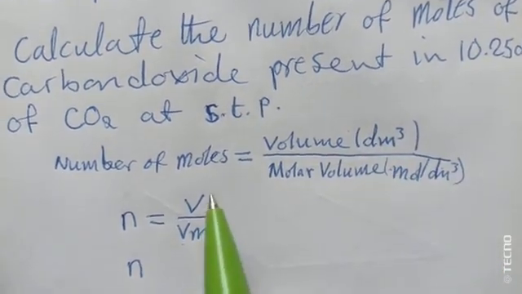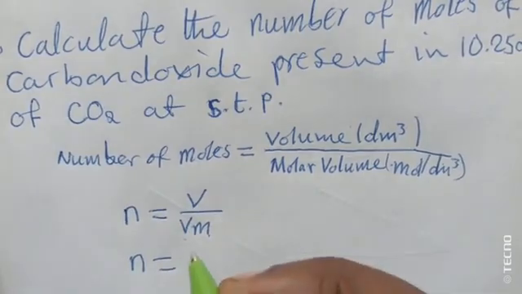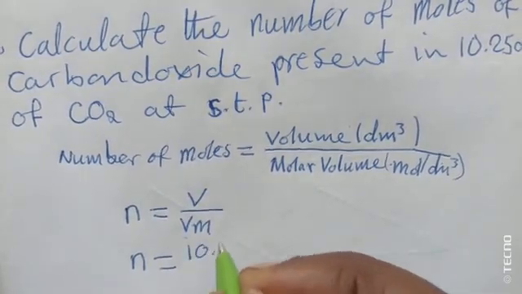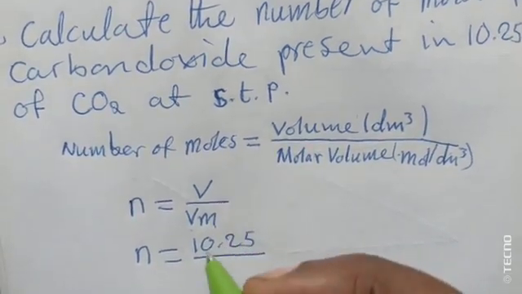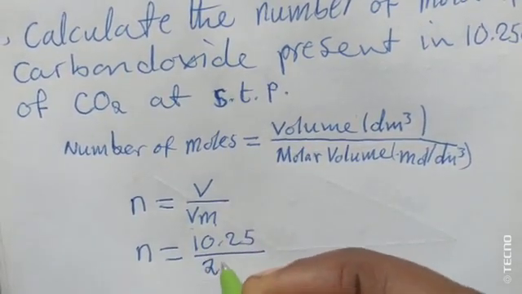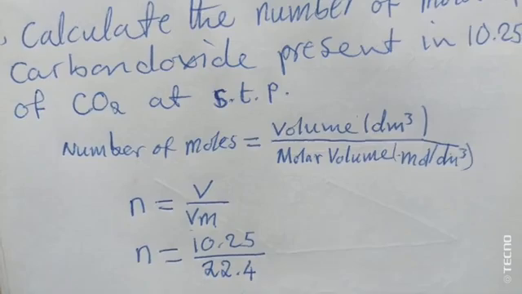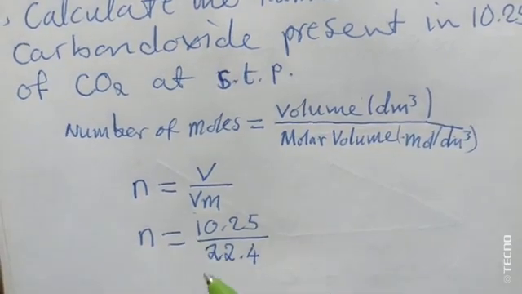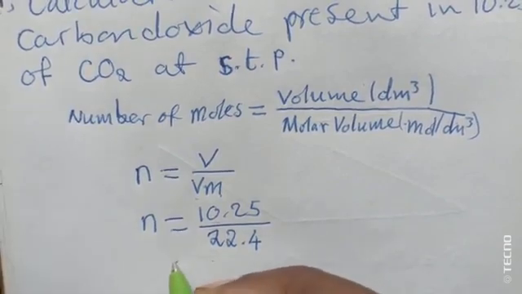So 10.25 is the one that we're going to replace there on top, as the numerator. Then divided by 22.4, which is at STP. Now this one into this, how many times can it go?